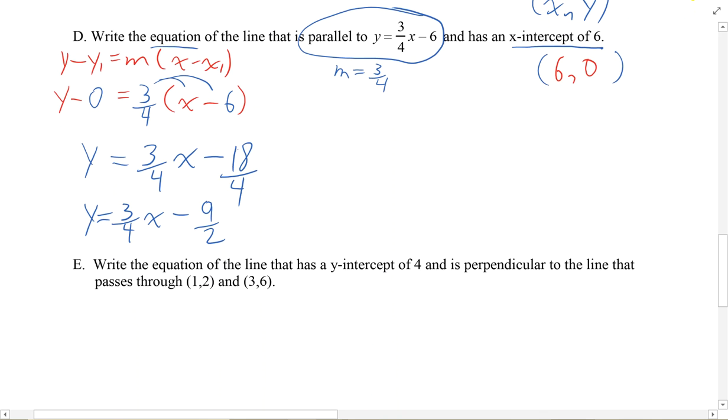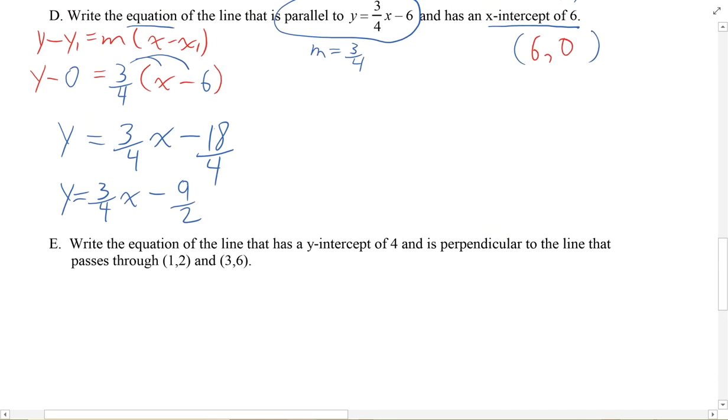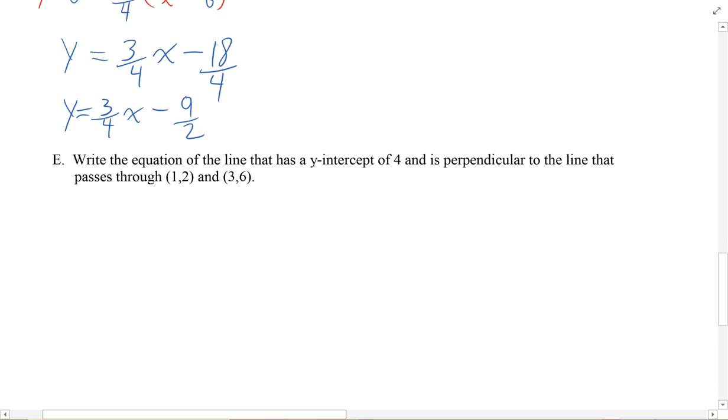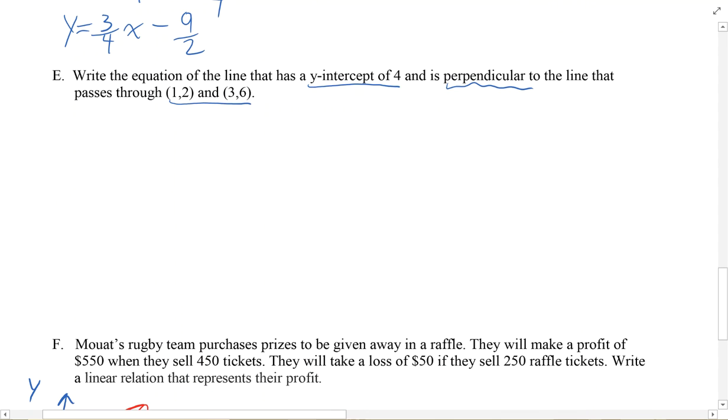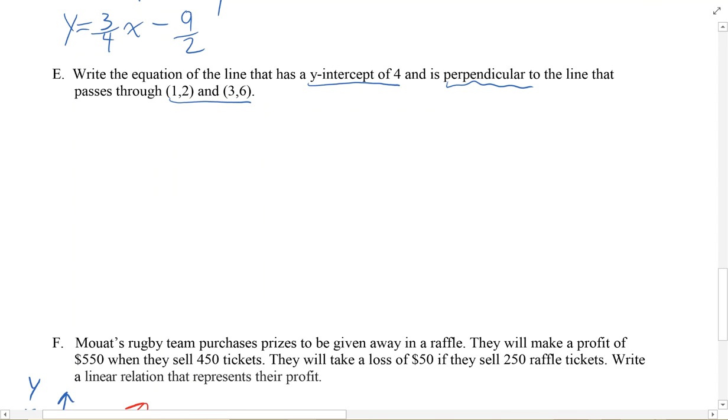Underline the important information. Okay, so y-intercept of 4, what is the question telling you? Well, is it (0, 4) or (4, 0)? It's (0, 4). So they're telling you the point that the line you're going to make goes through.